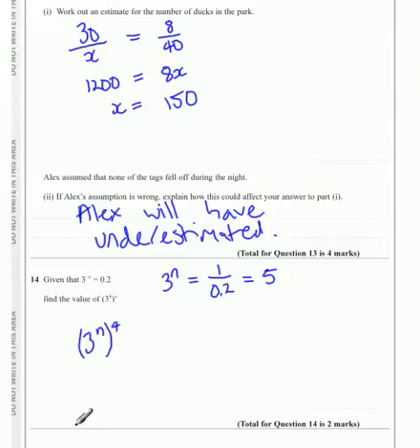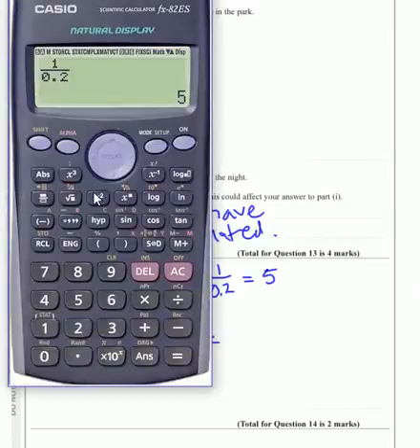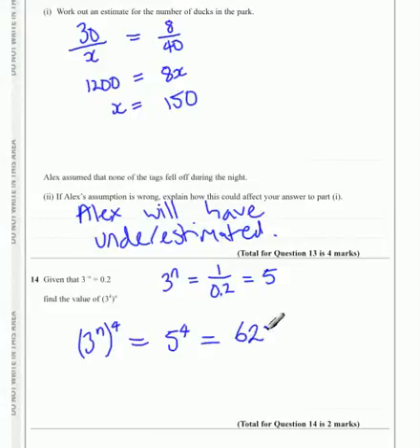What we have worked out in the first line is that 3 to the n equals 5. So this is 5 to the power of 4. On our calculator, 5 to the power of 4 is 625. So that is our answer for this.